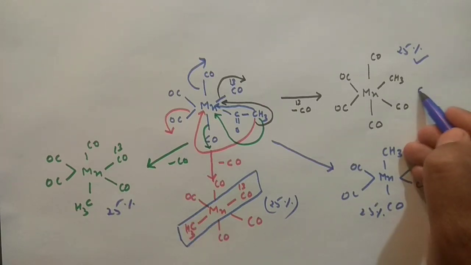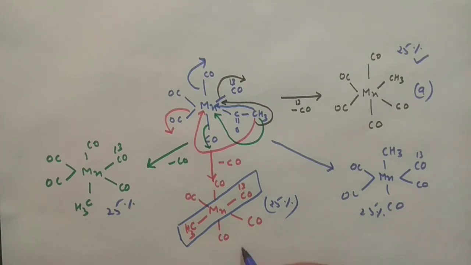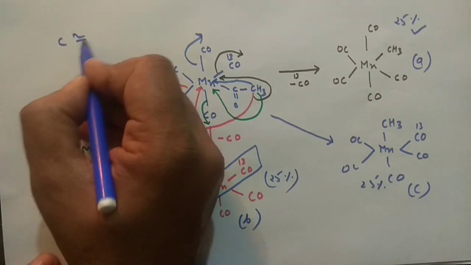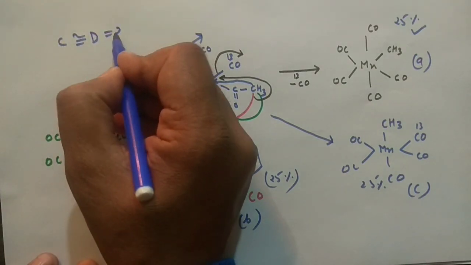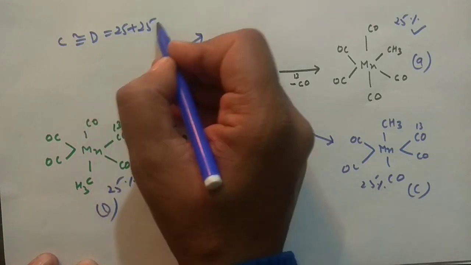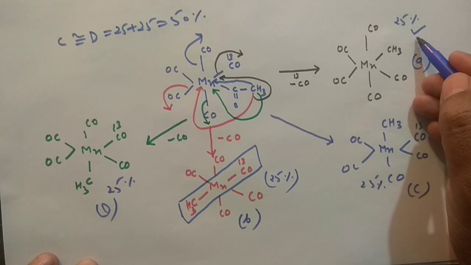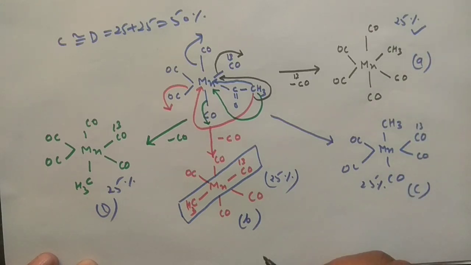If I call it A and B, it is C, it is D, right? So here C and D are identical, and they make 25 plus 25 equals 50%, and this is making 25%, this is also making 25%.